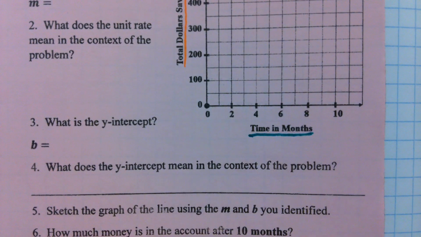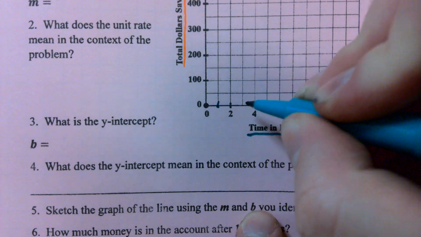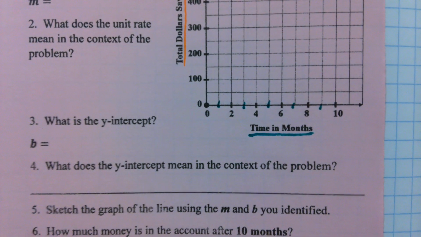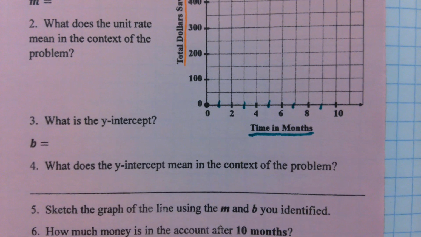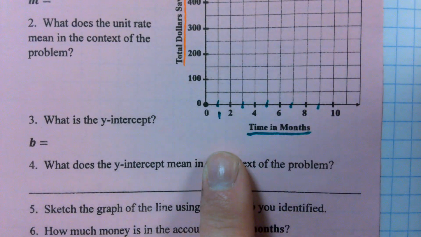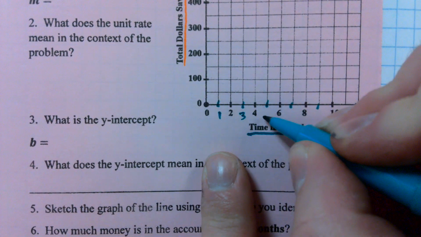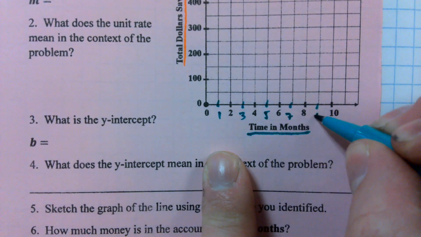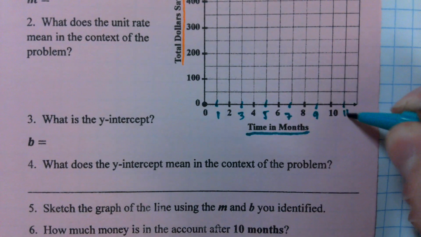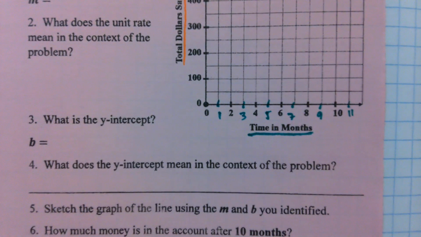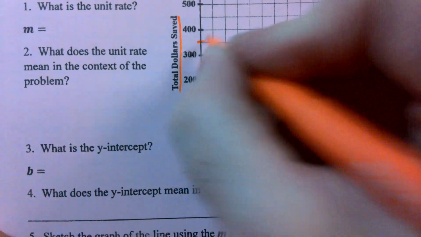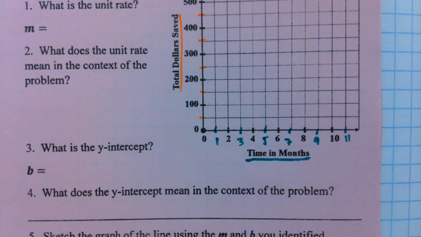So on my x-axis, each little square represents how many months? You guys taking a look? 1 month, right? Because here I've got 1 month, then 2, then 3, then 4. So let's fill in all of our months here. It's going to make our life a little bit easier. We could even go to 11 months if we wanted. Now, is each square on the y-axis worth $1?